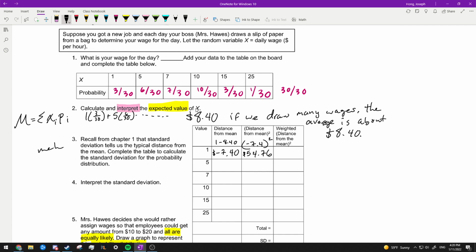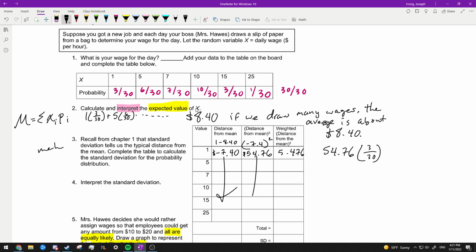And the last thing is that I need to find the weighted distance. I'm going to take this $54.76 and the weight which I found for number 1 based off my table. So this is 3 out of 30, so that becomes 5.476.